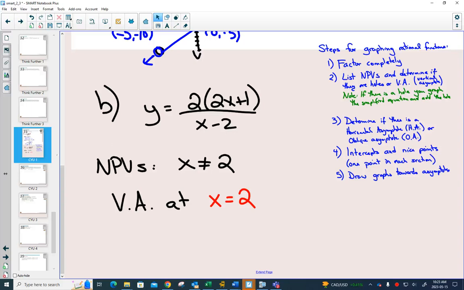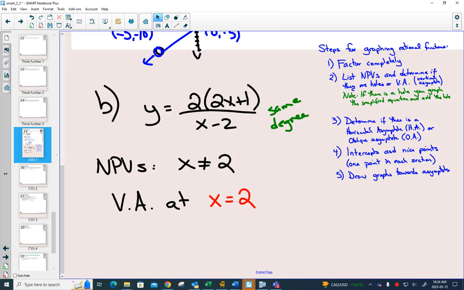Okay. Now we get to step 3. Determine if there is a horizontal asymptote or an oblique asymptote. So in this question, we noticed that we had the same degree on the top, the same degree on the bottom.